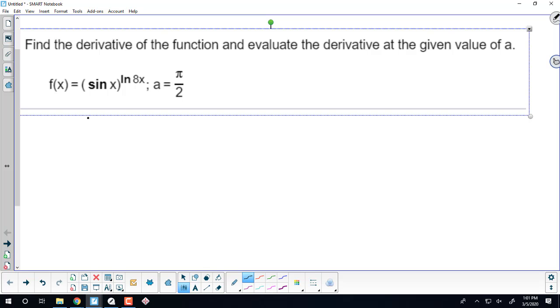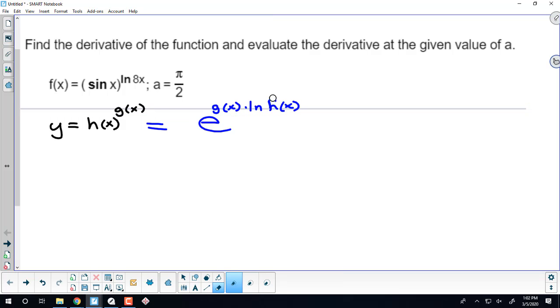It's of the form one function of x raised to another function of x's power. So if that's our y, one method we can use here is based on the relationship between e and natural log. We can say this is equal to e to the g of x times the natural log of the base, h of x. That way we have that complicated looking function expressed as e to a power.